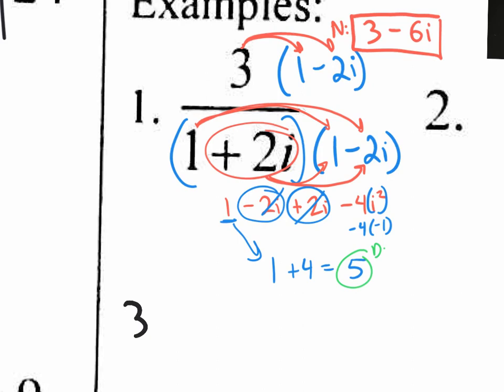So the numerator is 3 minus 6i. The denominator is 5. Now, the problem with this answer is that it's not in the correct way of writing a complex number. A complex number has 2 parts to it. It's a binomial. It's not a single fraction. You have a real part and an imaginary part.